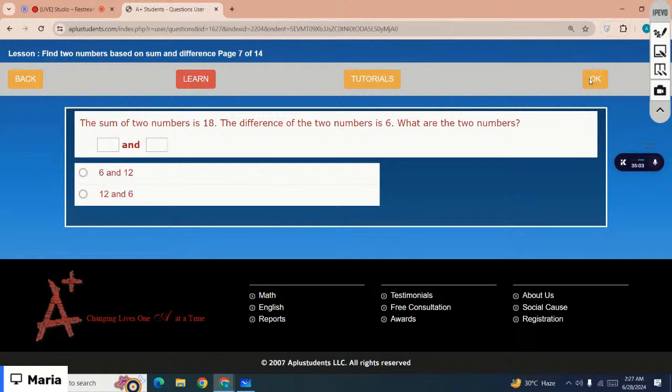The sum of two numbers is 18. The difference of two numbers is 6. What are the two numbers? Which is the correct option?